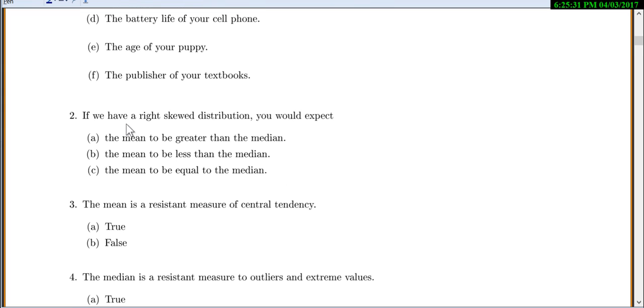Let's start with number 2. If you have a right skewed distribution, first of all, what does right skewed mean? Remember, right skewed means you have a long right tail. We're comparing the mean and the median.